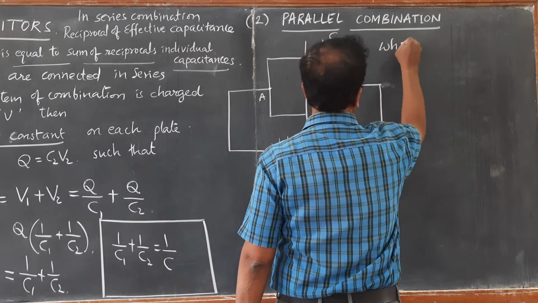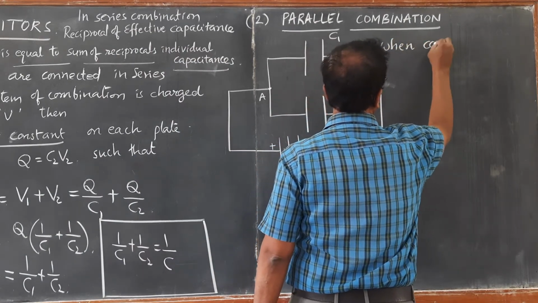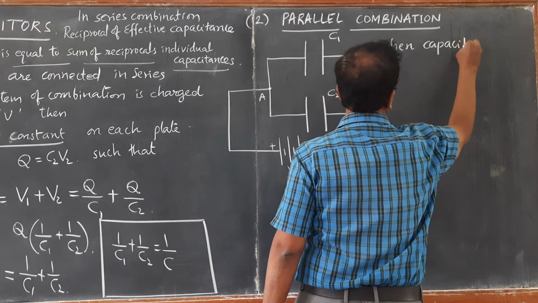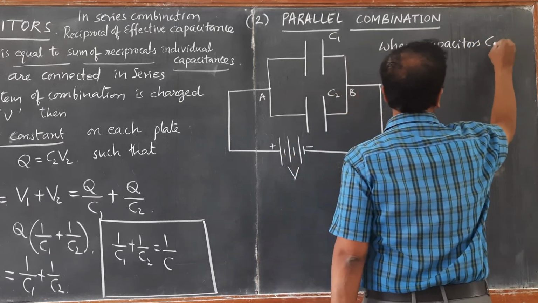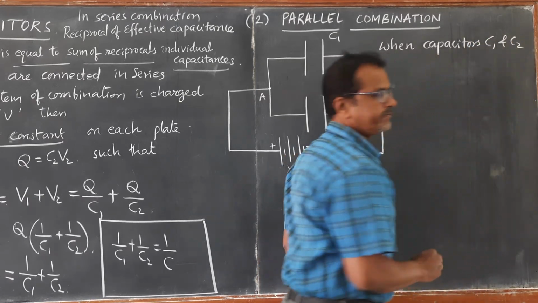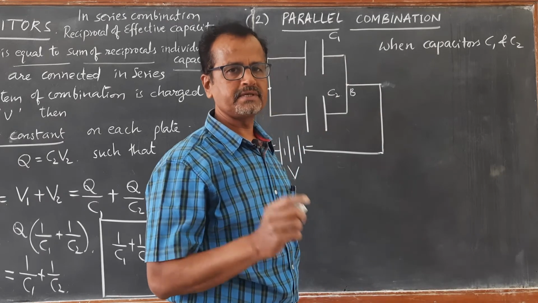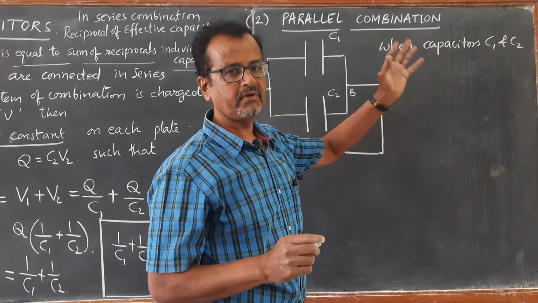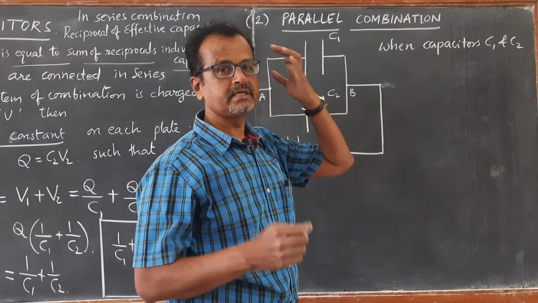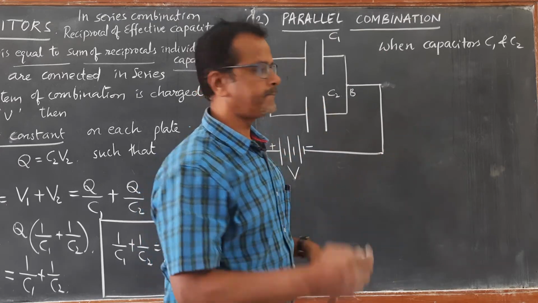When capacitors C1 and C2, for convenience we have taken only two capacitors, then we can generalize it for any number of capacitors, say n number of capacitors connected in parallel.